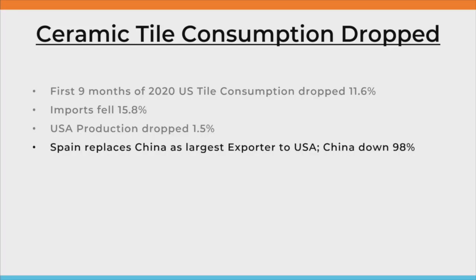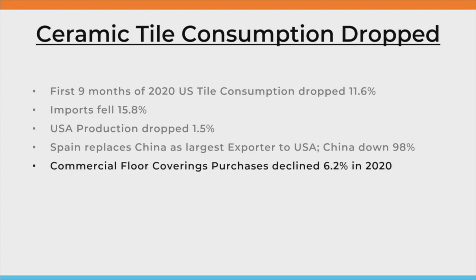So Spain is actually our biggest importer who took over for China. China is actually down 98% from what they were in 2019. Commercial floor covering purchases declined 6.2% in 2020.